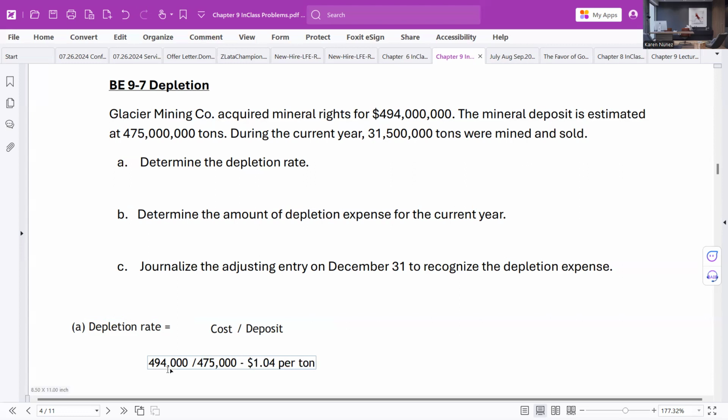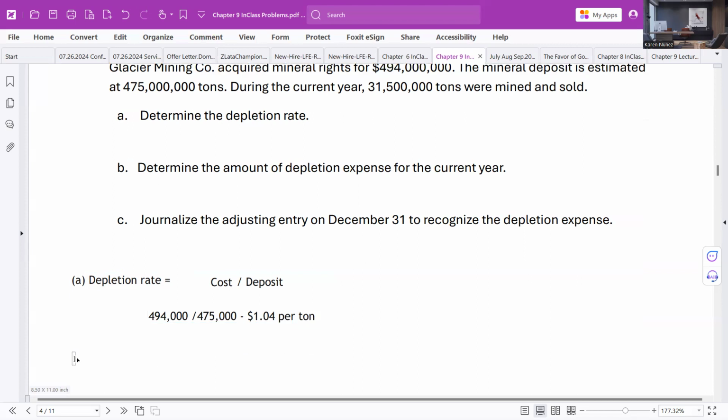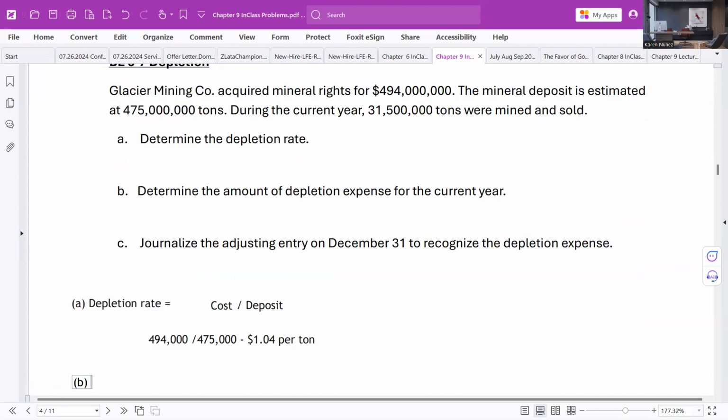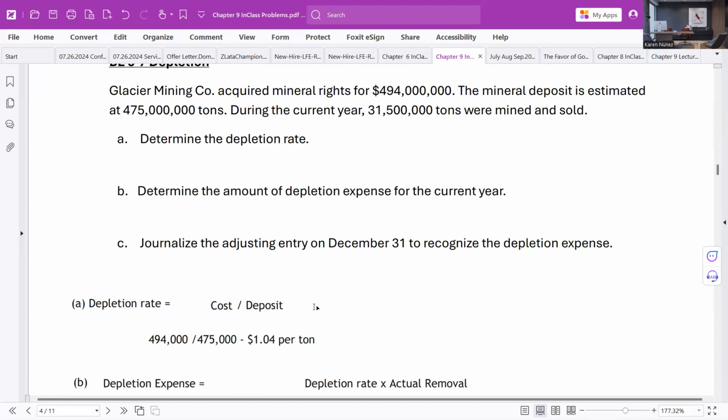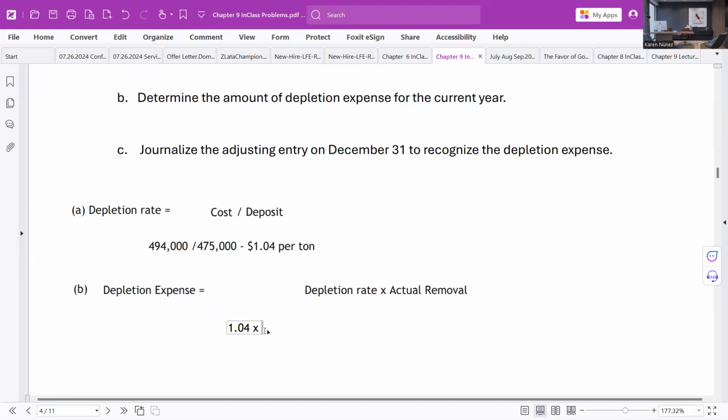And if that's the case, then the depletion expense should be the rate times the actual removal. So the rate is 1.04, and the tons that were actually removed are 31,500,000 tons.